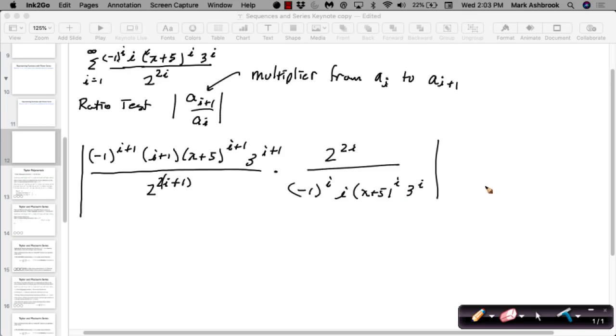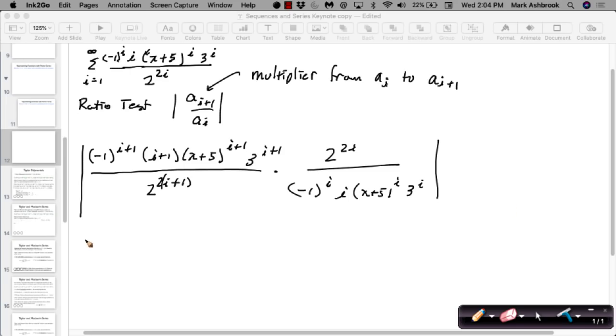So that big thing is just this ratio of the a_(i+1) term to the a_i term for this particular series. So we're going to simplify that and see what that does in the long run. And that will tell us about the series becoming like a geometric series or not.